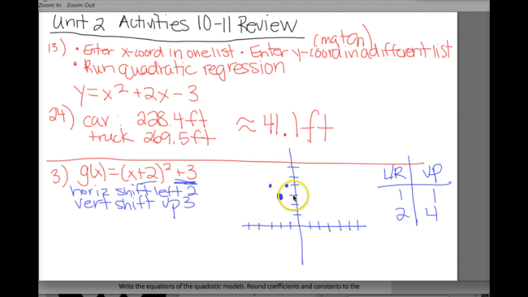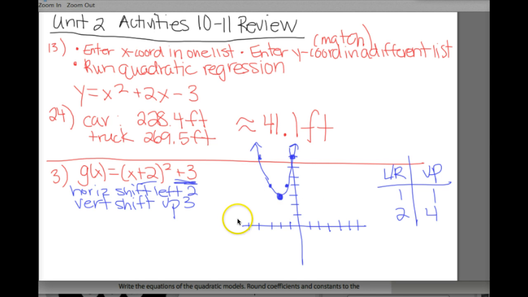So right 2, up 4, 1, 2, 3, 4. And then from the vertex left 2, up 4. And then connect the dots. So there is your answer for the graph and the transformations. Again, please make sure you're answering all parts of the question.